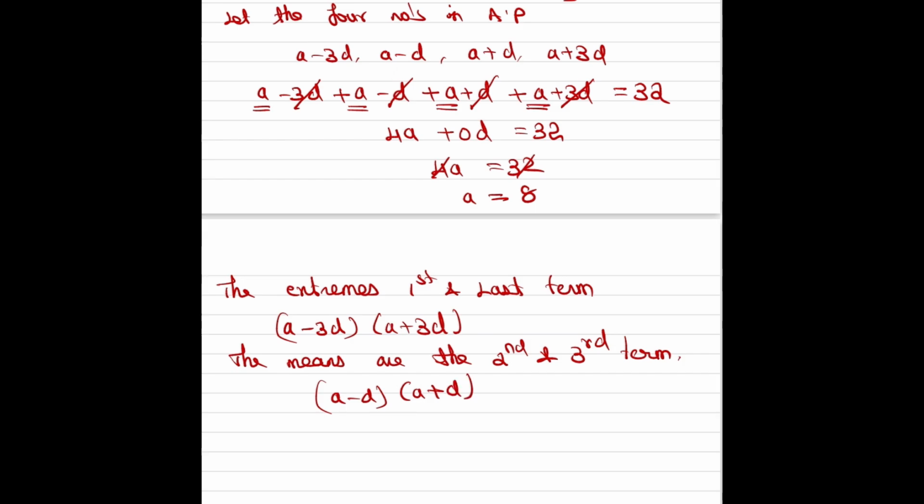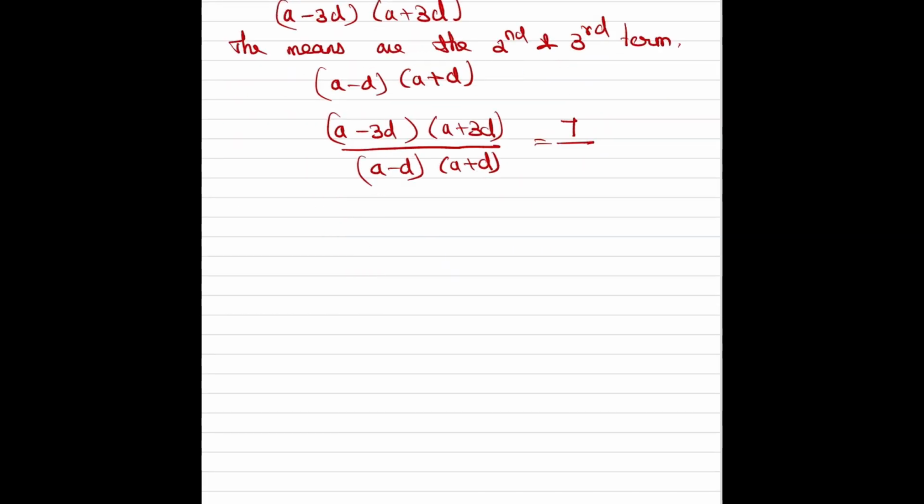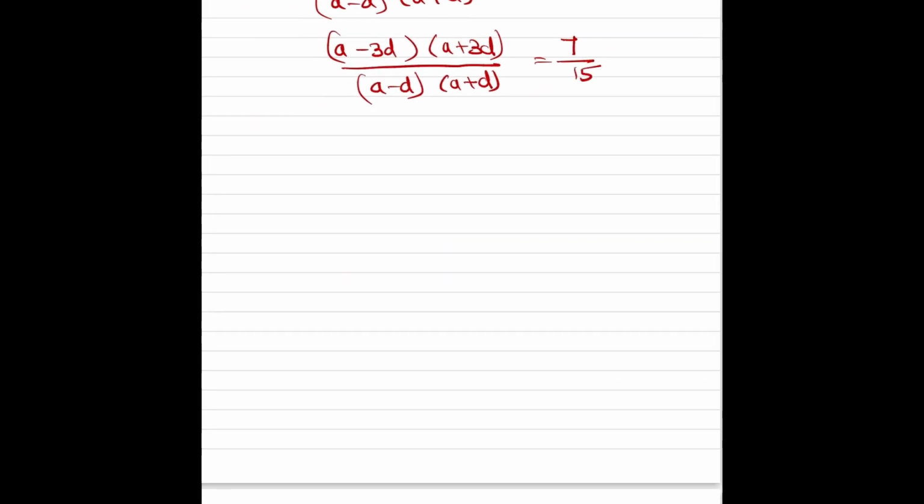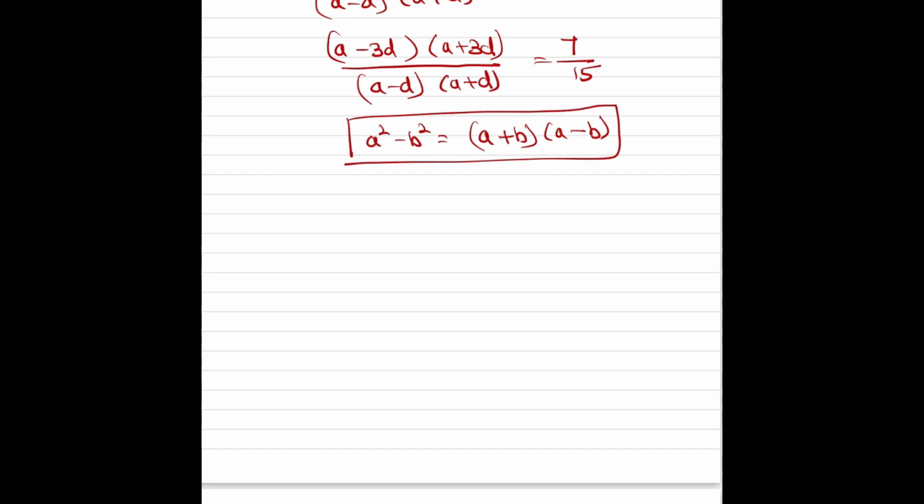The ratio is 7:15. So A minus 3D into A plus 3D by A minus D into A plus D equal to 7/15. Now we know already A square minus B square equal to A plus B into A minus B. So A minus B into A plus B is A square minus B square.